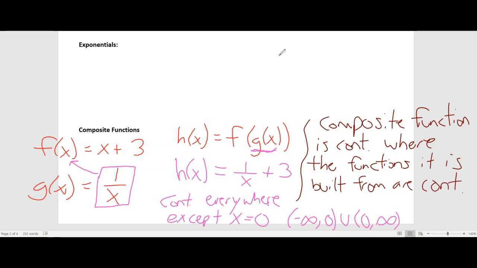Not only does g of x have to be continuous, but f of x does as well.